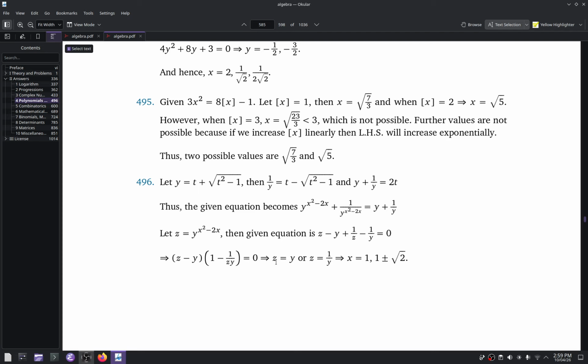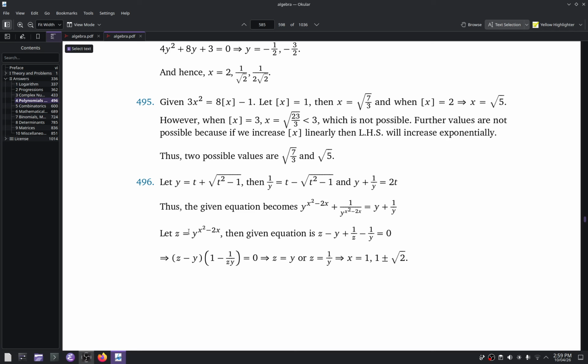Once we have that, we arrive at the fact that z = y or z = 1/y. Then you will get the solution as x = 1 or 1 ± √2. You simply substitute z = y or 1/y here and you will arrive at these results.